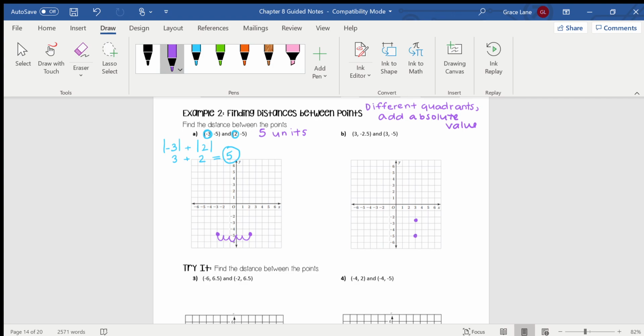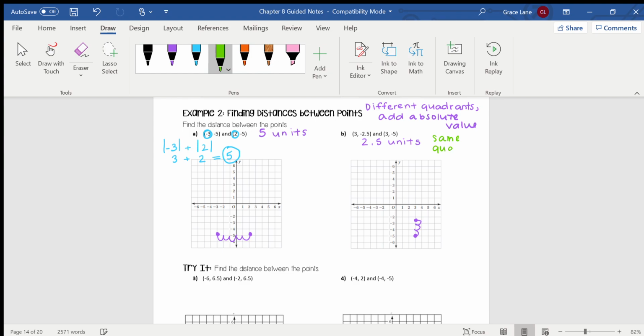If I were going to count, I can see that they're exactly 1, 2 spaces away from each other, and then the 2.5 would give me 1 extra half. So I know that they're 2.5 units away from each other. And if you weren't quite sure because of the decimal, the other way to do this is those 2 points are in the same quadrant.